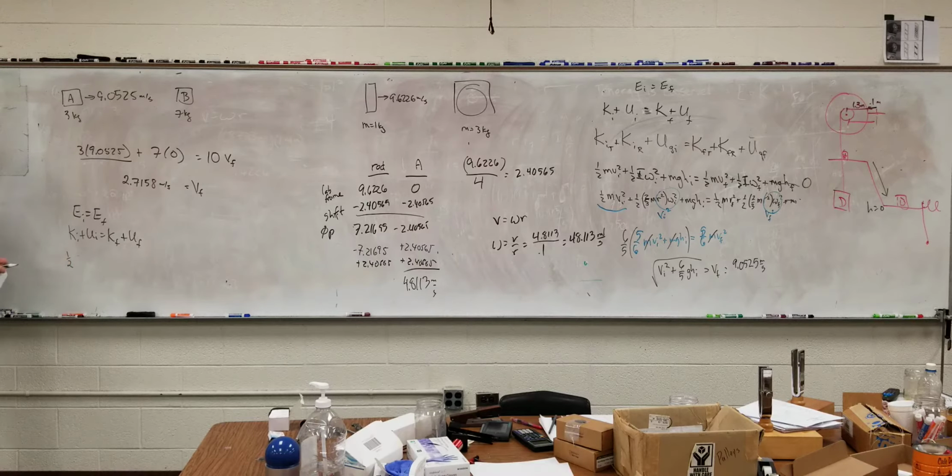Now, A is officially still rolling, but whatever rotational energy it has, because the bottom surface down there has no friction, the rotational kinetic energy doesn't change. So it has some value, but it's just going to cancel out, so I'm not going to worry about it.